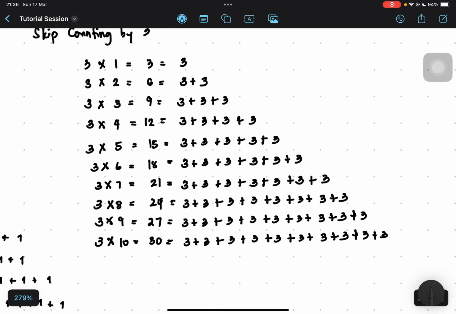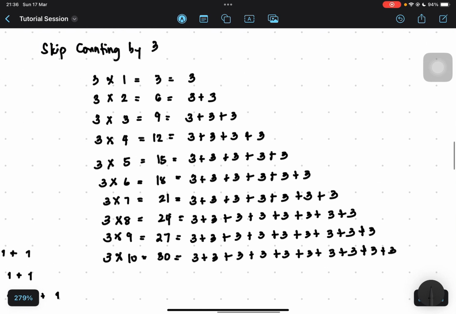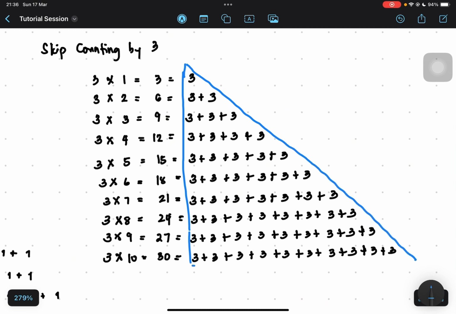As you can see, it also makes a right triangle. If we group it all together, it becomes a right triangle.